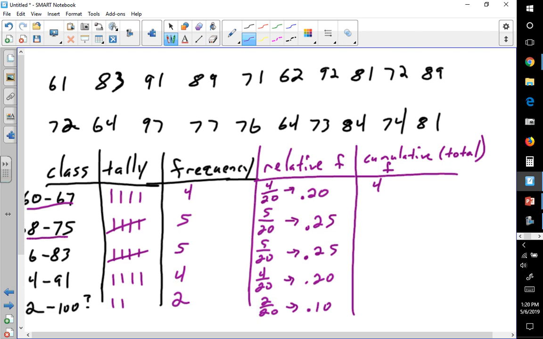When we have gotten through the second group, we have the 4 in the first group, and now we have 5 more. So we have accumulated 9 pieces of data by the time we have made it through 2 classes.